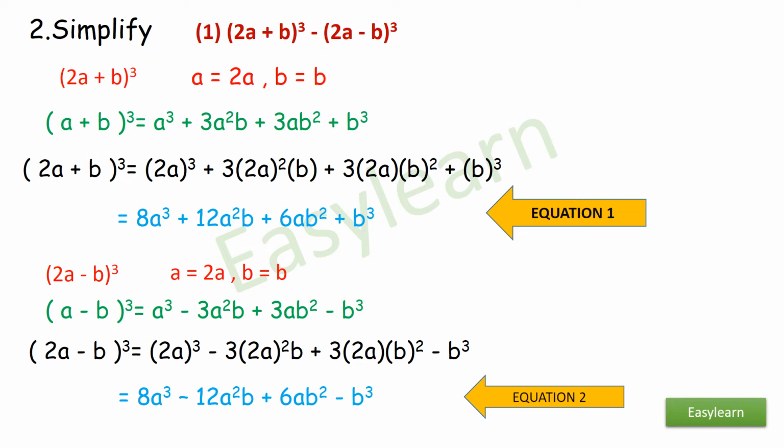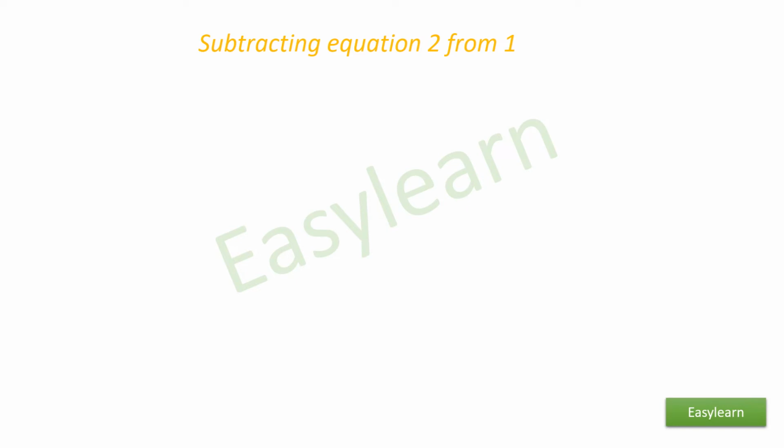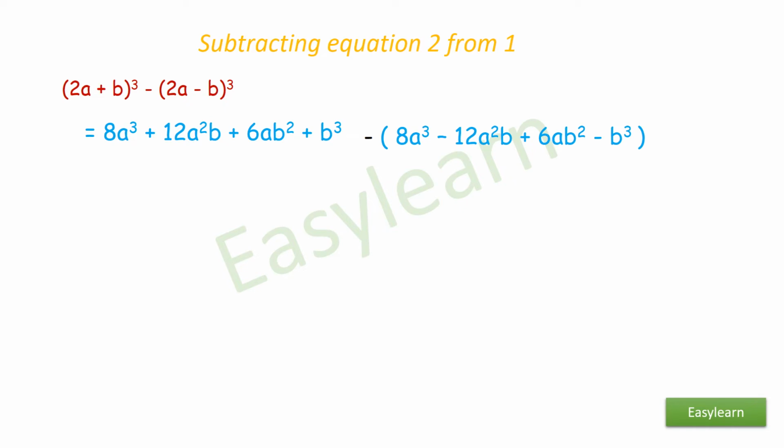Now in the question you have to subtract these two equations. So the next step is subtracting equation 2 from 1. You get 8a cube plus 12a square b plus 6ab square plus b cube minus 8a cube minus 12a square b plus 6ab square minus b cube.